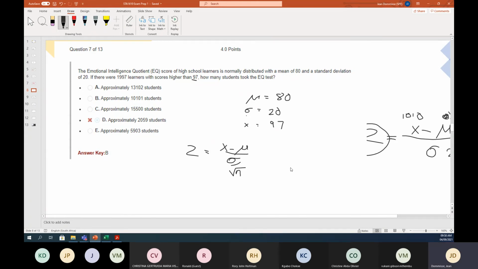And the other one is to check the proportion one.